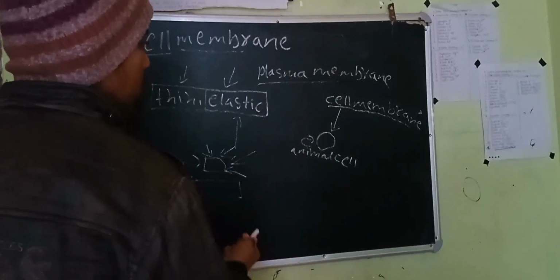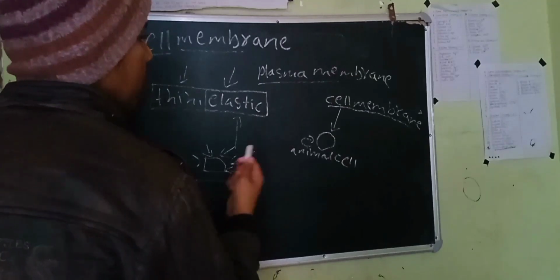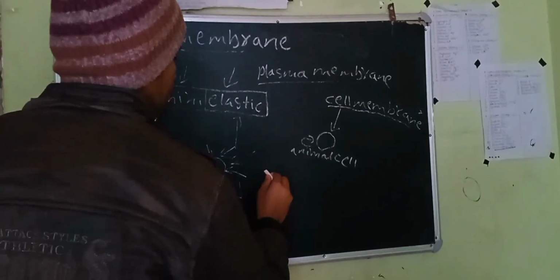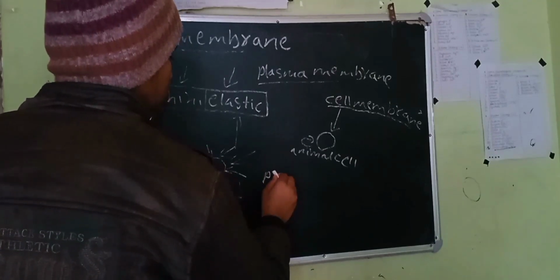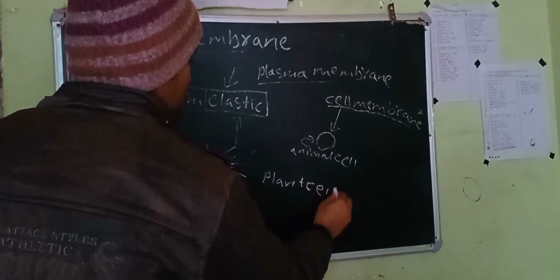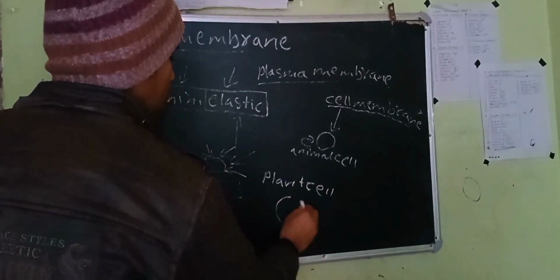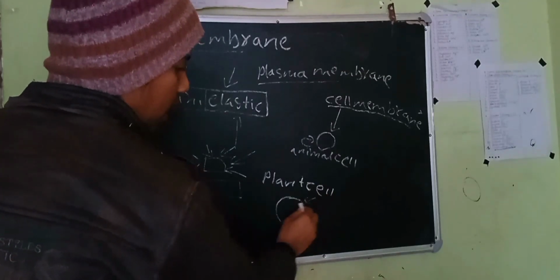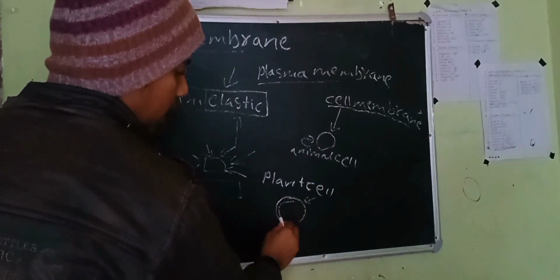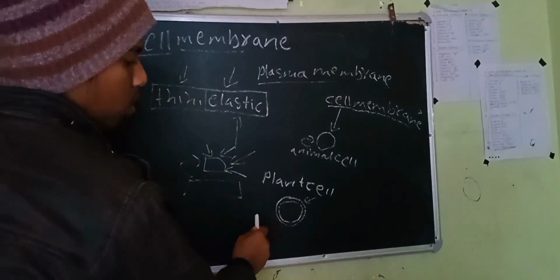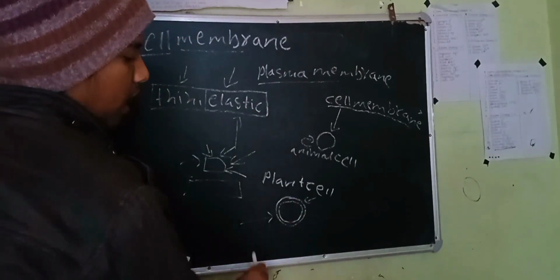In plant cell, both are found, cell wall and cell membrane. Let me write plant cell. Let's say this is the plant cell over here. Both are found. The first layer is cell wall, and the second layer is cell membrane. You can imagine something like this.